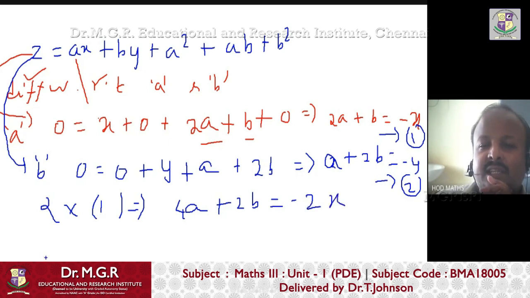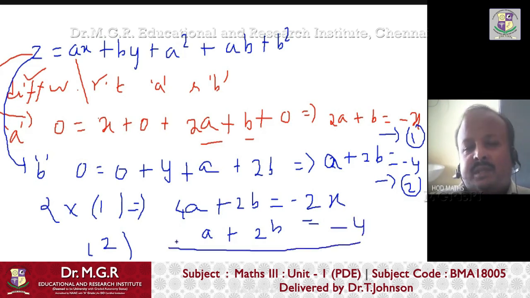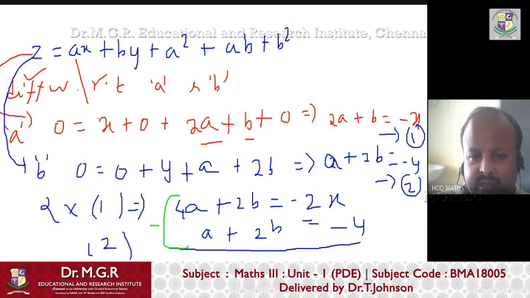I didn't change anything in equation 2: a plus 2b equals minus y. Right? So now what you have to do? Very simple. Subtract these two equations. 4a minus a is 3a. 2b minus 2b is 0. And here this is minus 2x.